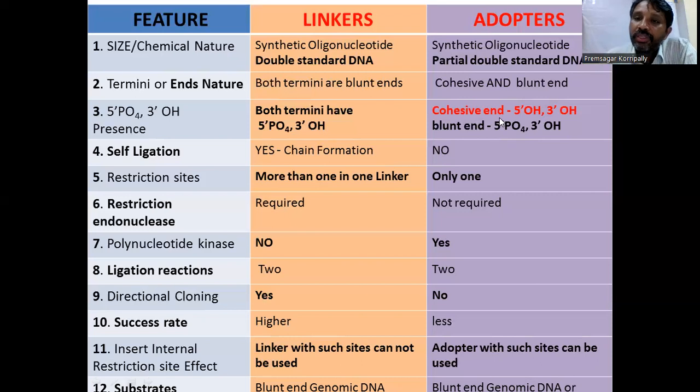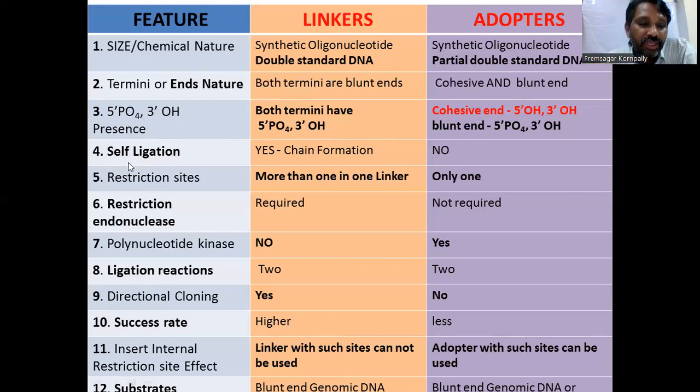So in the case of adapters, they have two different ends: one is a cohesive end, the other is a blunt end. In the case of linkers, like natural DNA, each terminus has 5' phosphate and 3' OH.